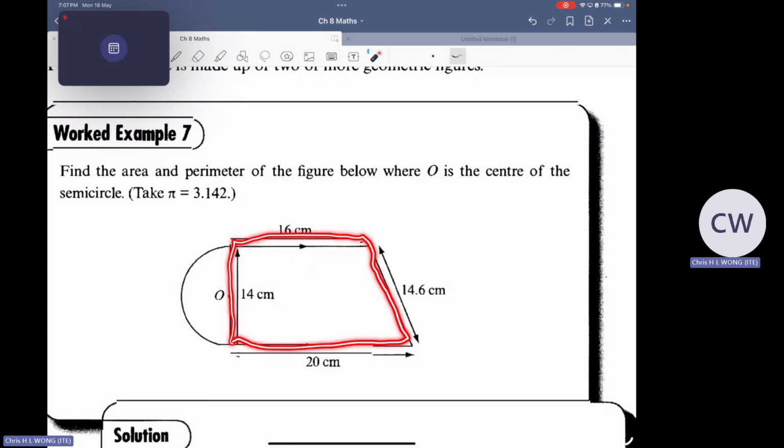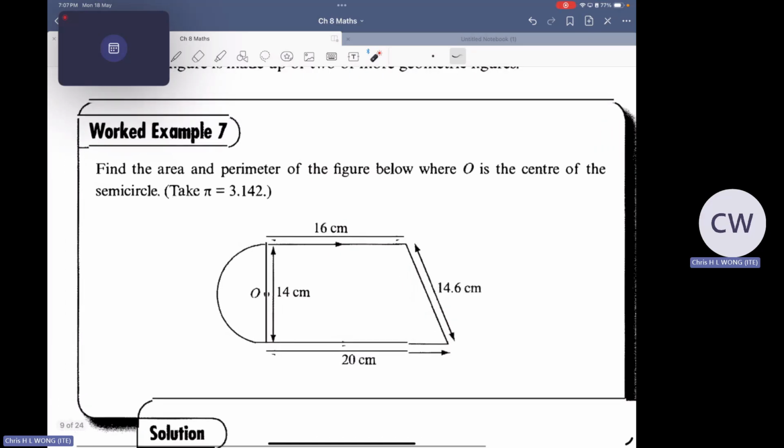This is actually a trapezium, isn't it? So find the trapezium first. After finding the trapezium, find the area of the circle. Then you add the two together. Area A plus area B, you get the total area. Can you do that?